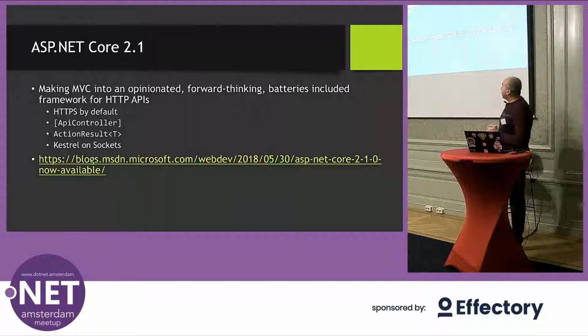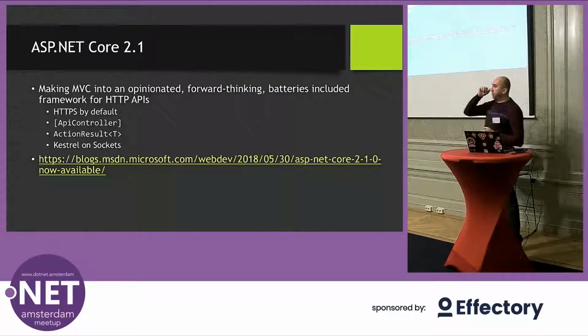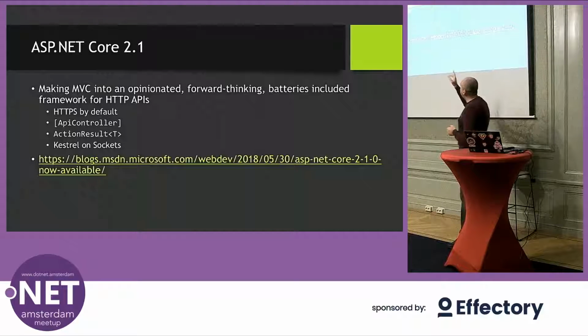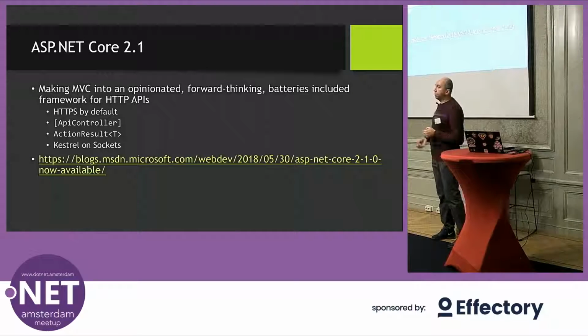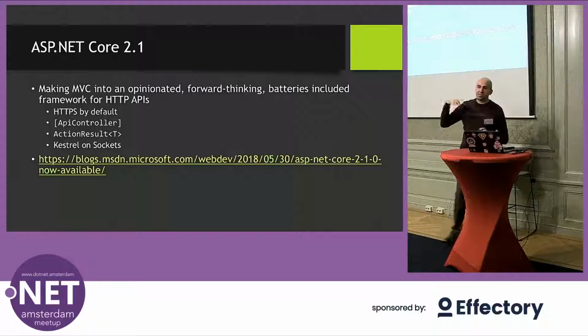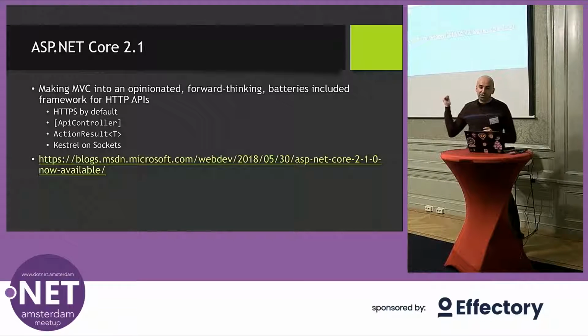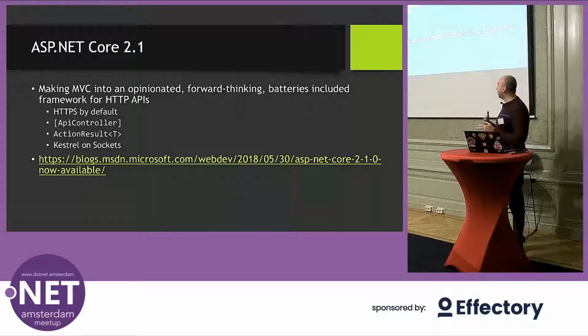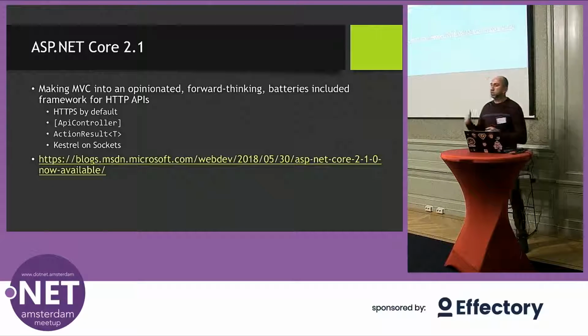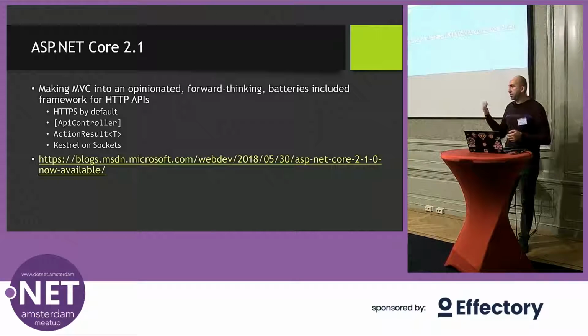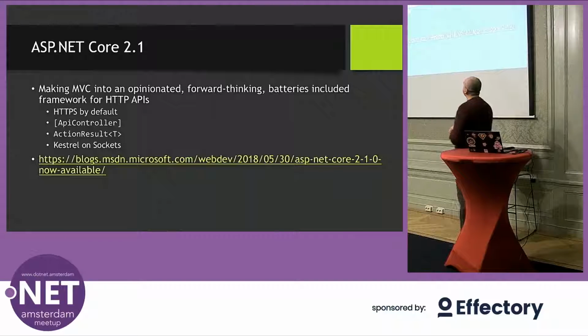Then we have ActionResult of T. This is a generic class. Before ASP.NET Core 2.1, we had only IActionResult, which is an interface. Why was this introduced? Because it helps with generating Swagger metadata, and you'll see how that's done later.